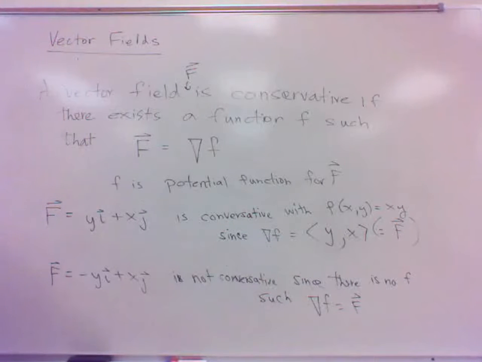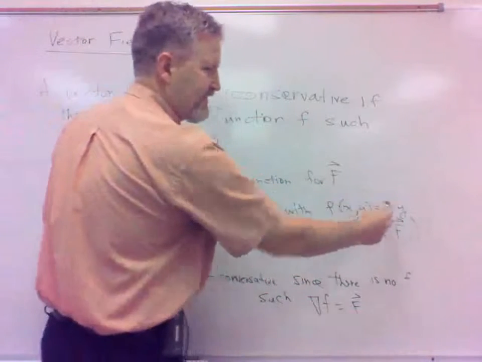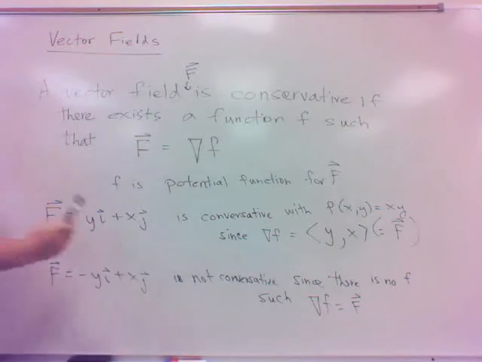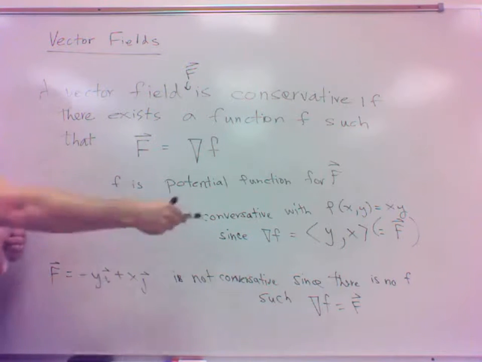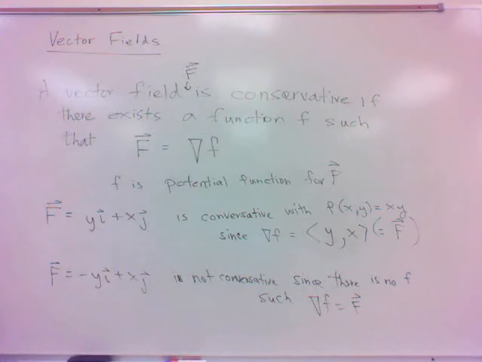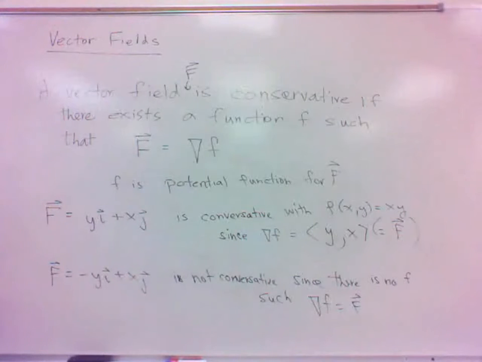You can kind of maybe see that, because if I tried to get negative y out of that same function, that would probably mean including a negative in front of it. We can get the partial with respect to x to be negative y, just add a negative there, but that would make the partial of f with respect to y be negative x. So it's going to be tough to get that one, you see. But anyway, there are conservative ones and not conservative ones. Just be aware, okay?